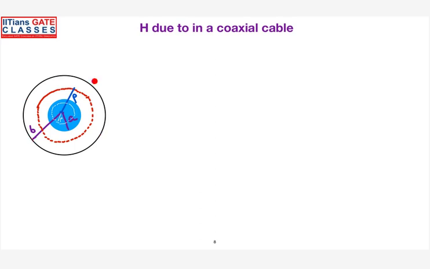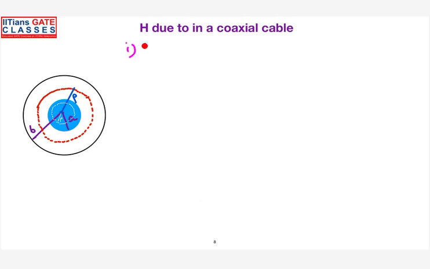When you take a point somewhere within the inner conductor, the first thing you need to do, wherever you are finding the magnetic field intensity, is assume a small imaginary loop. That's what I have done using Ampere's law. That loop has a radius of rho. So I was calculating the magnetic field intensity at a distance of rho within the inner conductor.